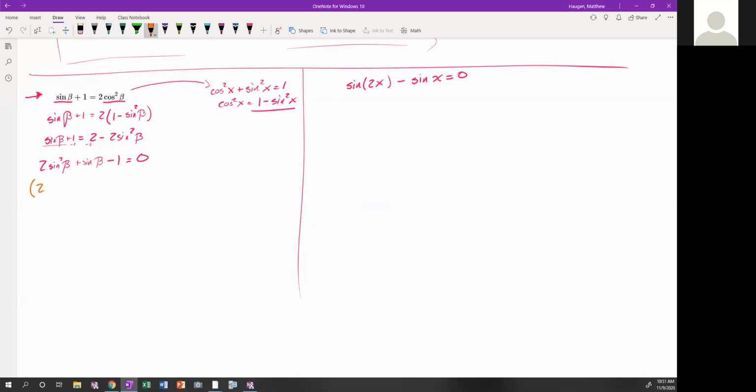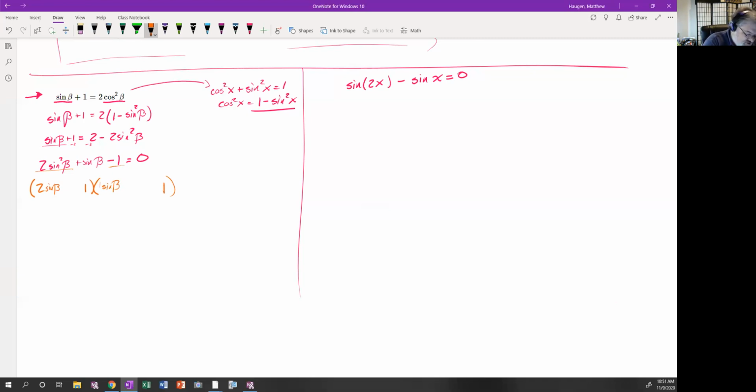So one of these is going to have a 2 on them because we're trying to figure out what to multiply to make 2 sine squared. So one of them has to have a 2, the other one has to have a 1, and then sine beta, sine beta. These both have to be 1s to get that 1.